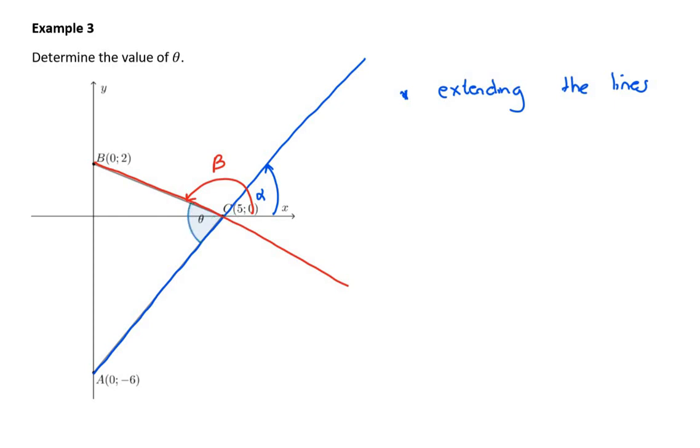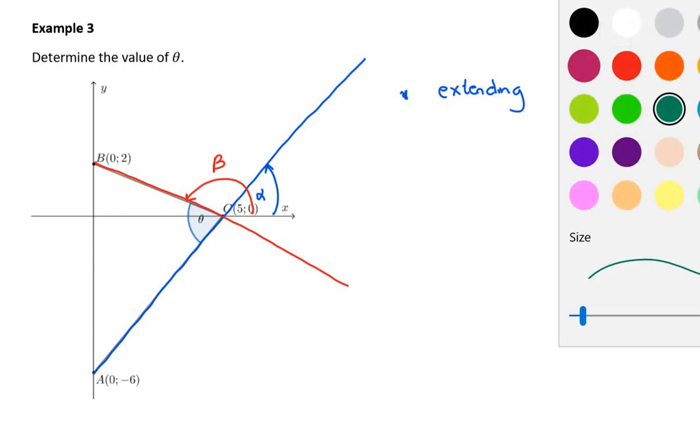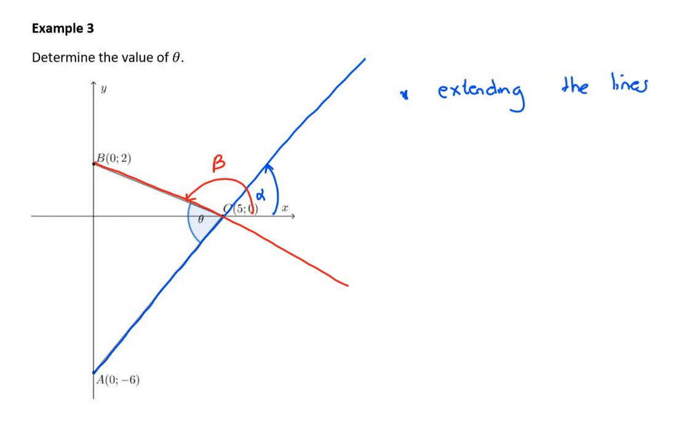I can view theta as two angles added together. Let me pick a nice color here. If I found beta, I could find that angle there, which I'm going to call b for now, simply because those would be angles on a straight line.